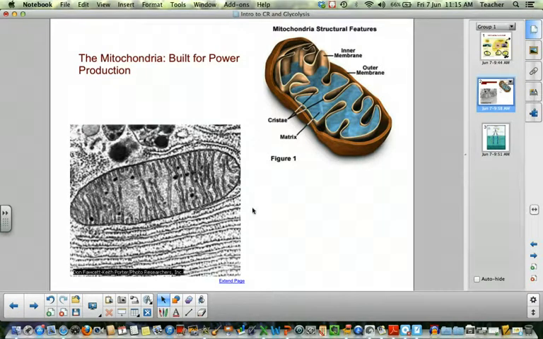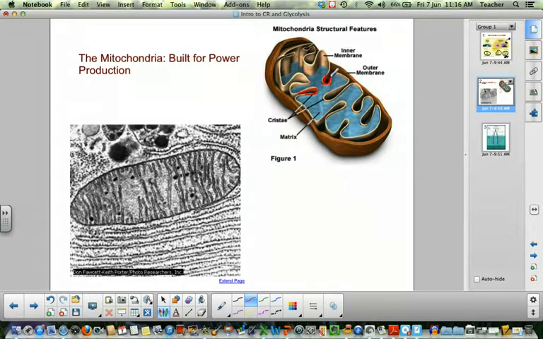Okay, so there's a couple of parts that you need to be aware of. Obviously, there's an outer membrane, that brown membrane that you see here. And there's also an inner membrane. Now, the folds, like right here, like that, and like that, are where the oxidative phosphorylation occurs.